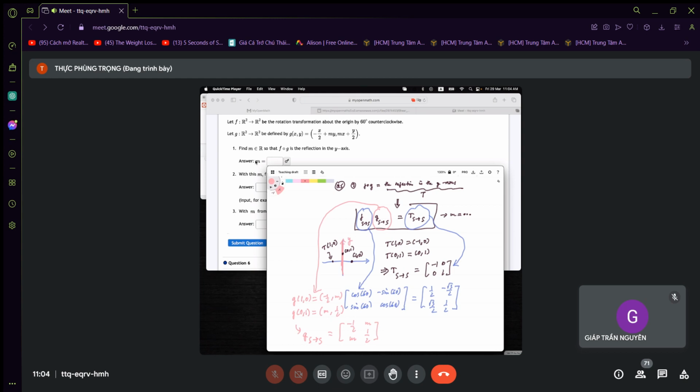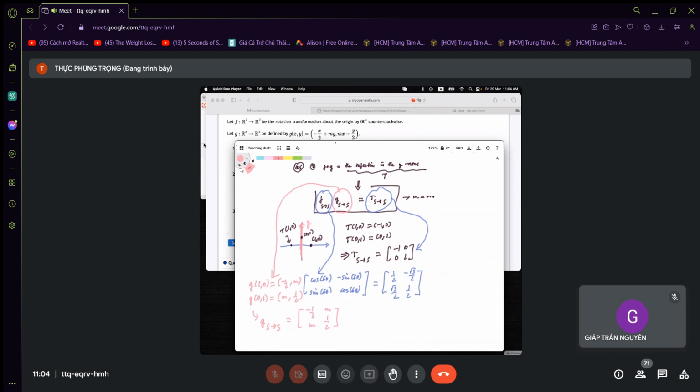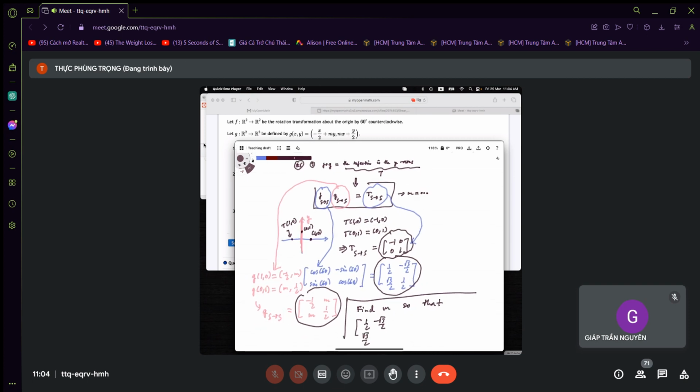All right, so now you focus on these three matrices. The first one is right here, then this guy, and then this guy. So now you only need to find m so that you get there.